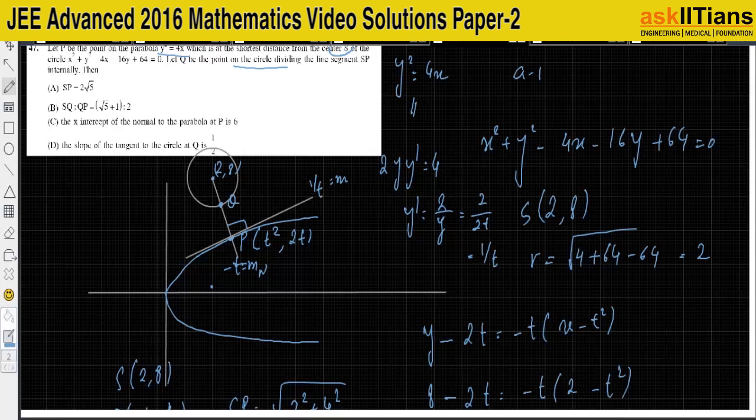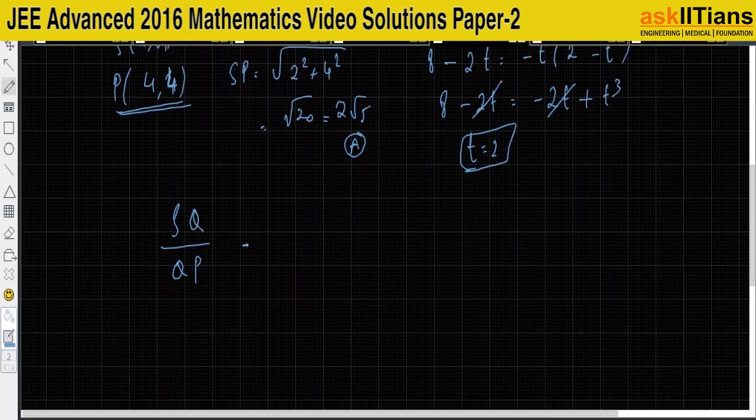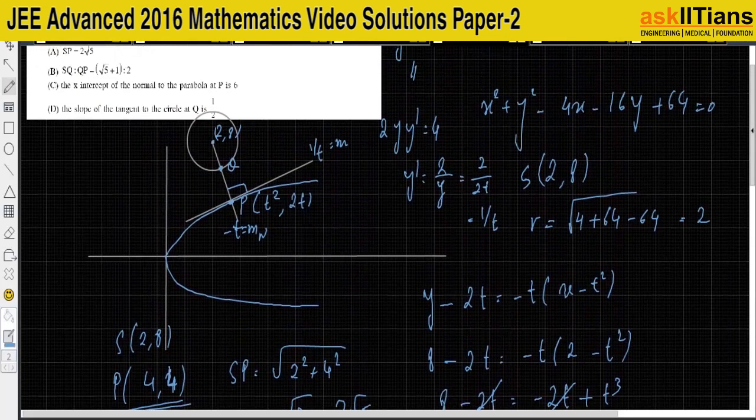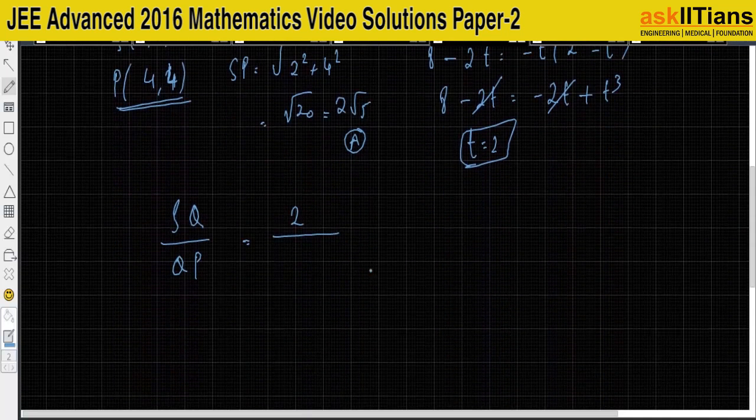So how to find out the coordinates of point Q? Actually, that's not required because I need to find out SQ by QP, right? So SQ is the radius, right? So SQ is simply 2, and QP is SP minus radius, right? So that's 2 root 5 minus 2.